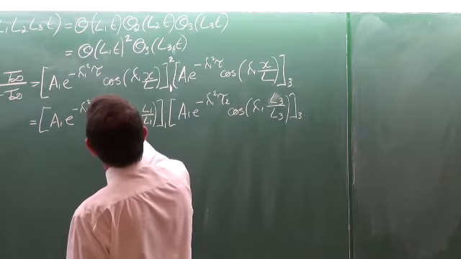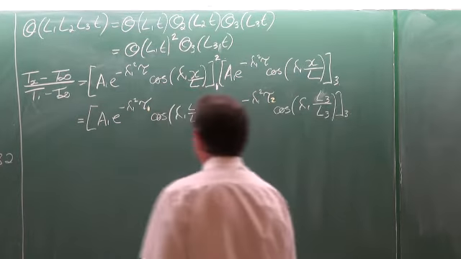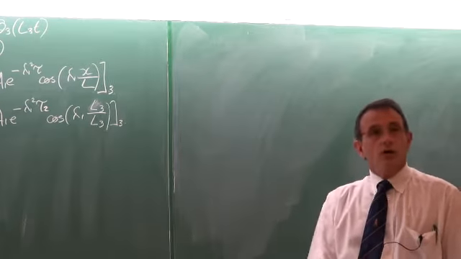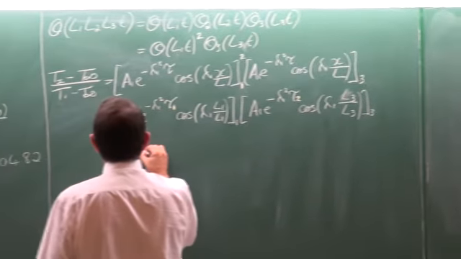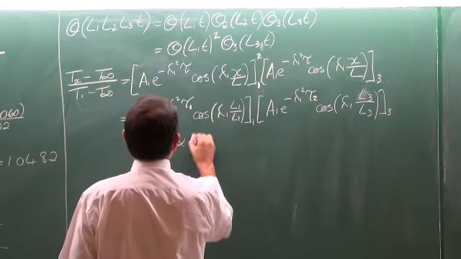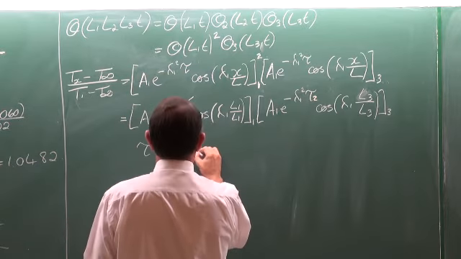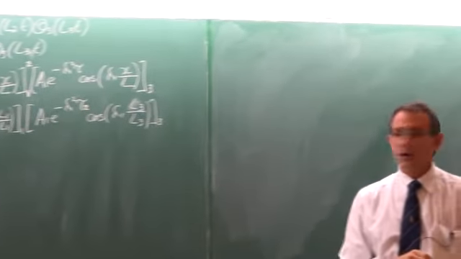Okay, the two important things: look at tau 1 and tau 2. What is tau again? Tau is the non-dimensionalized time. So tau is equal to alpha t divided by L squared. That is the definition of the non-dimensionalized time.